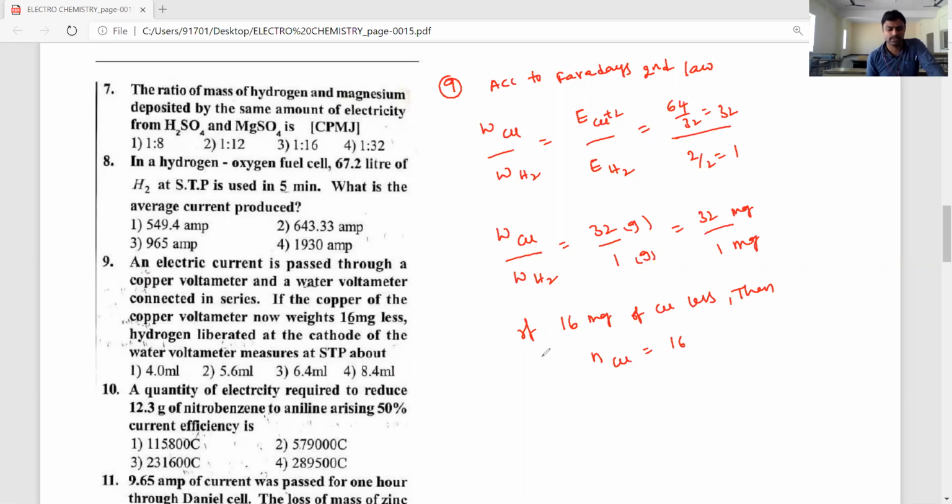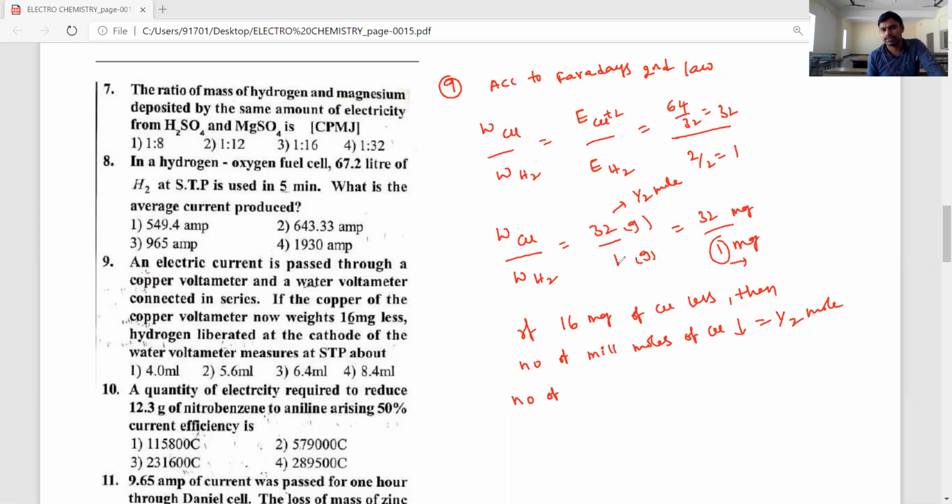The number of millimoles of copper decreased by 16 milligrams is half a mole. In the same way, they are in a 1:32 ratio, and 32 grams is nothing but half a mole, which is 0.5 moles.